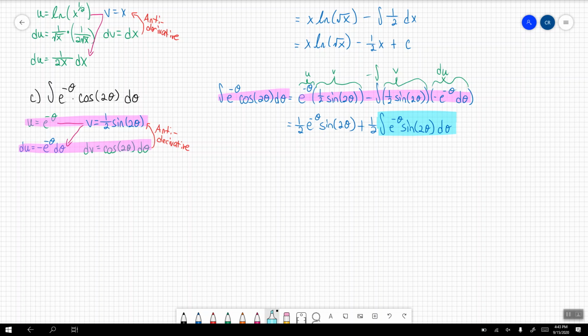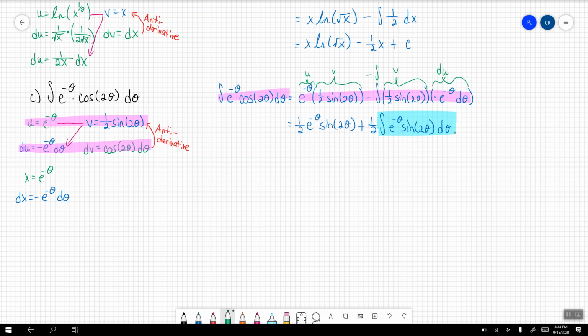I'm going to need to make, again, my substitutions. So let's go through some of those substitutions. I'm going to call this, let's say, x. So x is going to be equal to e to the power of negative theta. And therefore, when I take my dx, I will get negative e to the negative theta d theta.